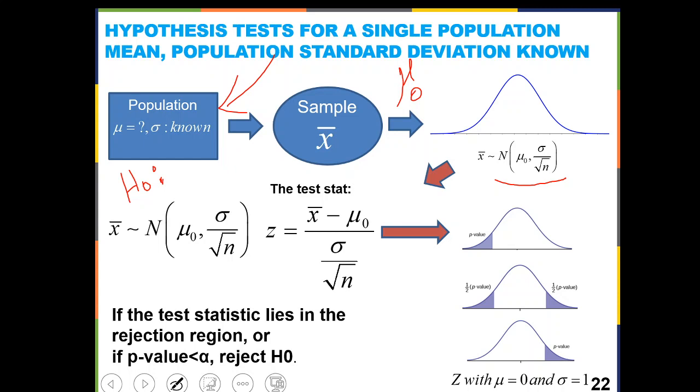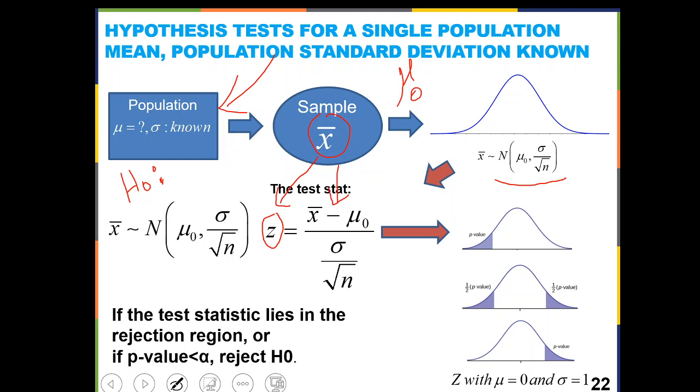So what we're going to do is this. We're going to take this number, X bar, that we get here, then we're going to do this to it. This is Z, of course, in this case. It's going to be a normal distribution. So we're going to take X bar and then convert it to a Z score.